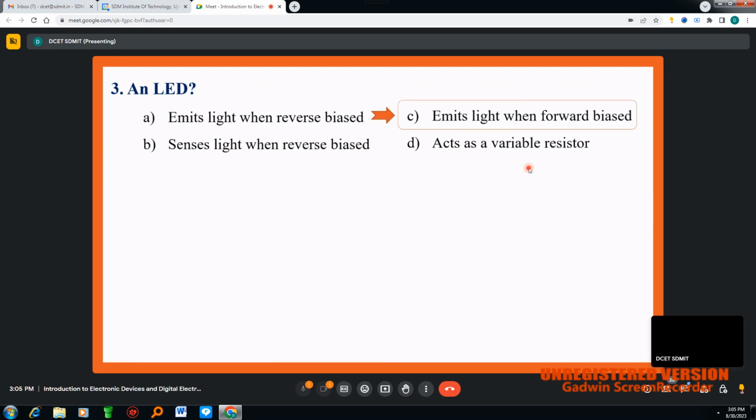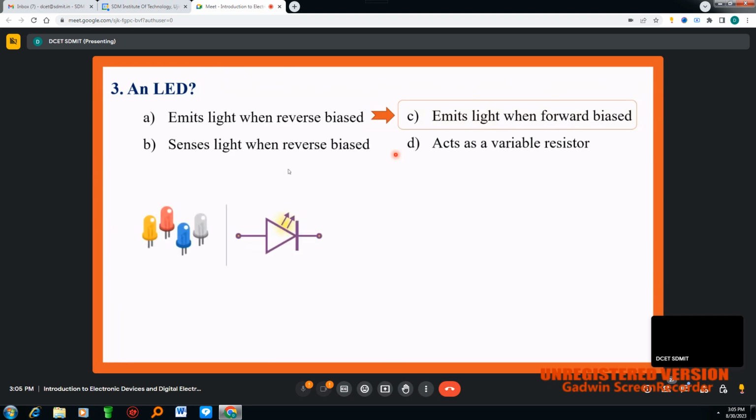The answer for this question is: emits light when forward biased. A light emitting diode emits light when it is forward biased. Forward bias means the anode terminal of the diode is connected to the positive of the battery, and the negative of the diode is connected to the negative of the battery. That condition we call forward bias, and only during that situation will the light emit.